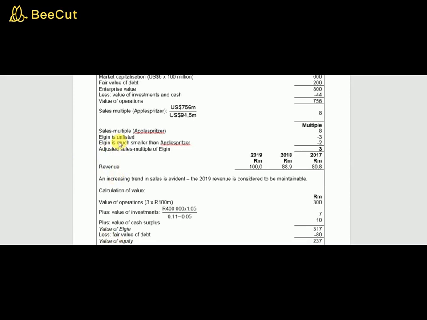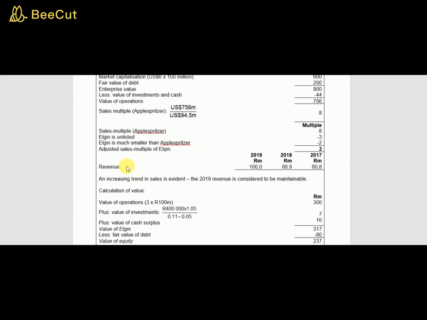I don't want to be double counting both revenue and separately adding the value of an investment or cash surplus. So if anything relating to the dissimilar assets is included in my revenue, I need to strip that out so that only the revenue generated from the core operations is included in the multiple.